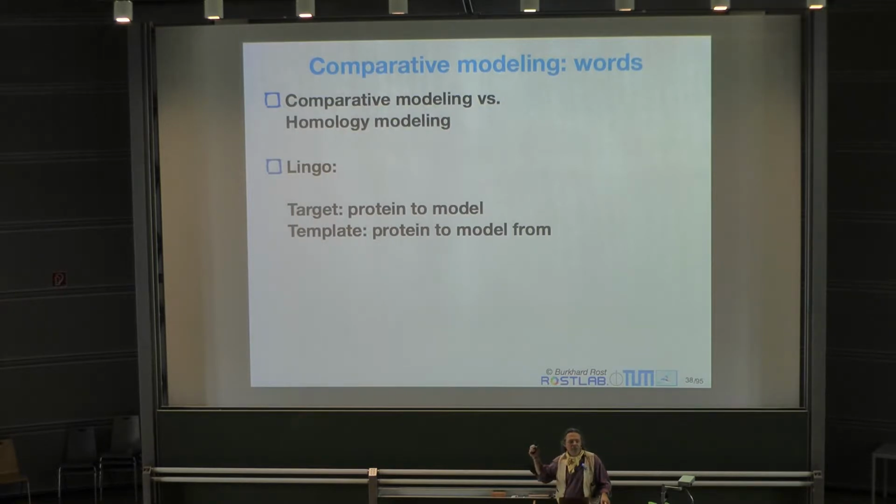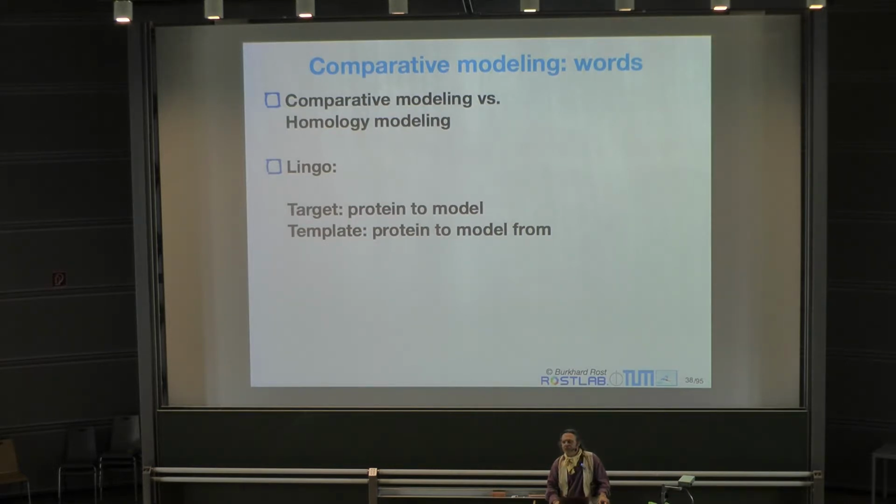But at the level at which comparative modeling is applied, mostly there is no evolutionary relation. It's just that the sequences are so similar that if you randomly create them, most likely they would have a similar structure. So evolution plays a role. Evolution is important, but it's not really the most important for this technology. That's why people came up with the word comparative modeling. More modern, let's put it like that.